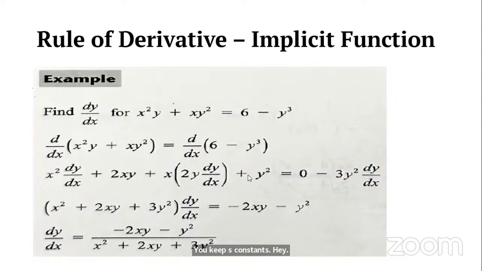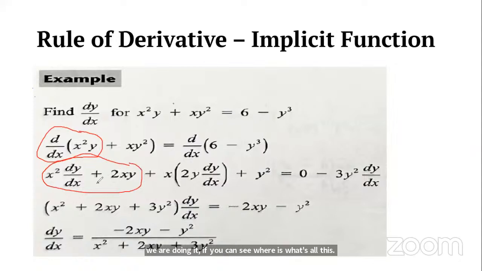Question, Nishira. With differentiating the x squared y plus xy squared, we are using product rule for both of them. Yeah, it's implicit form, but you do it in form of product rule. In the middle is plus.